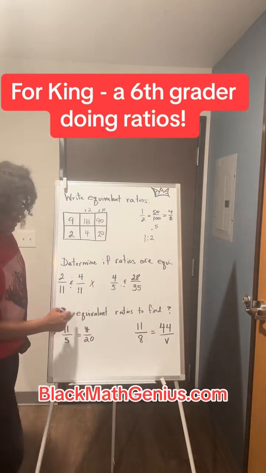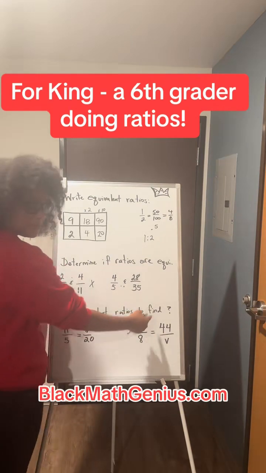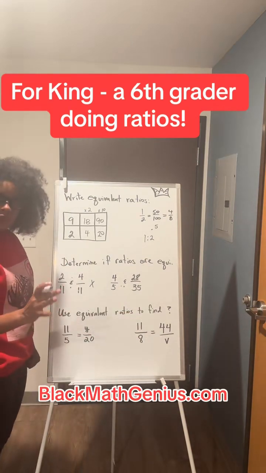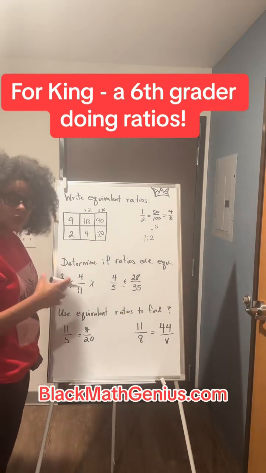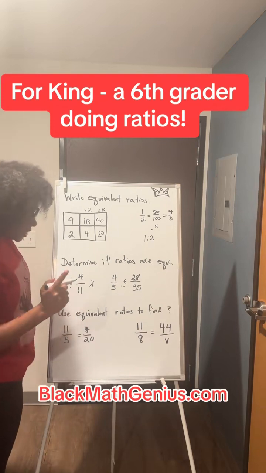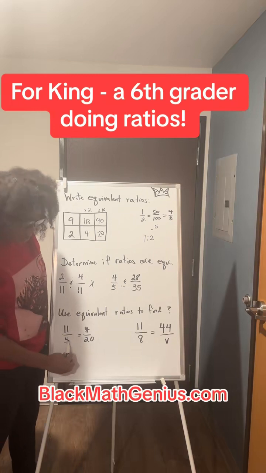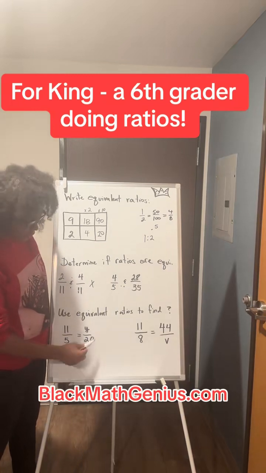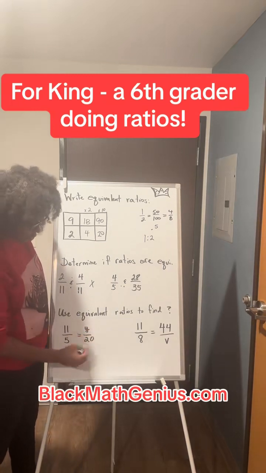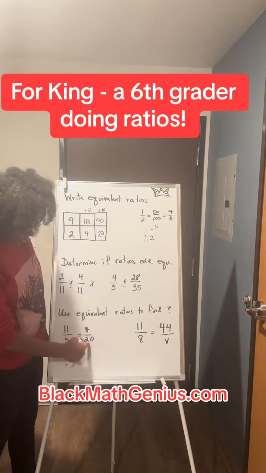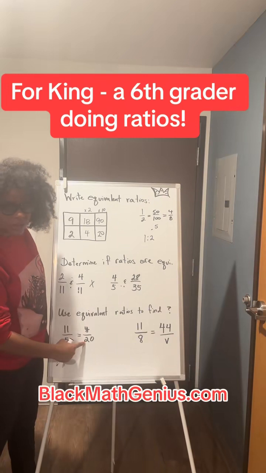Now it says, use equivalent ratios to find the missing value. I'll show you 2 ways to do this, and then you can choose which way is easier for you. The first way is, I look and see where the comparisons are equal. You know what, forget the fruit.